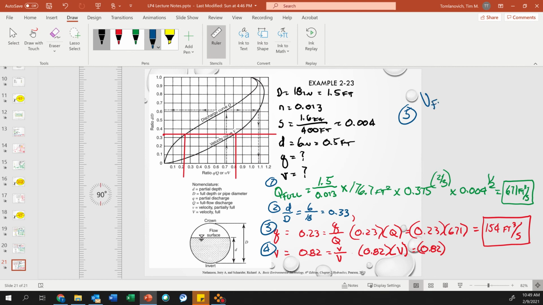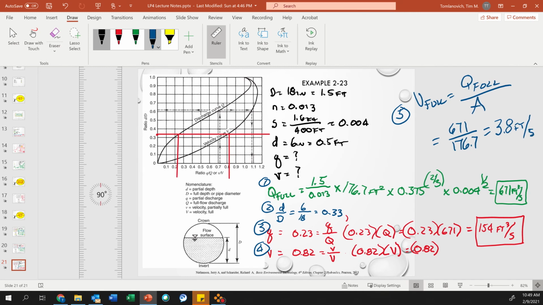V full equals Q full divided by area, which is 671 divided by 176.7, and that equals 3.8 feet per second.